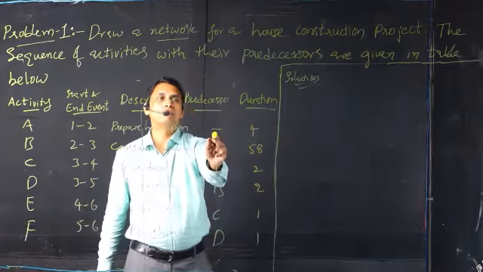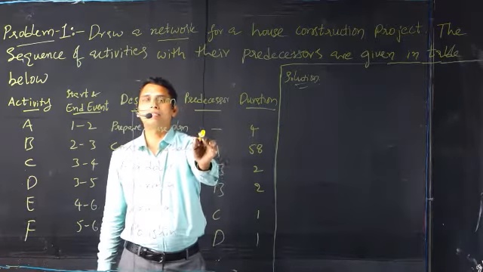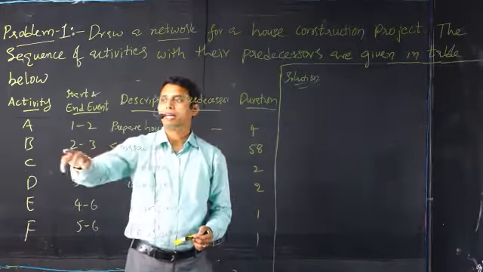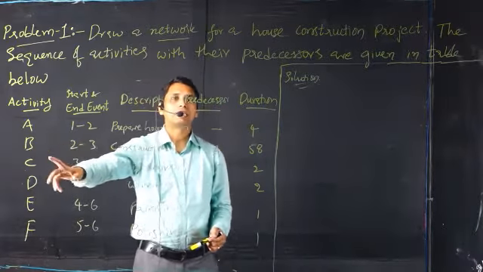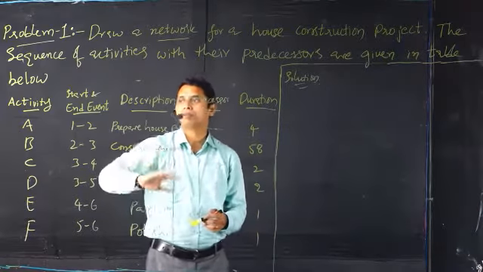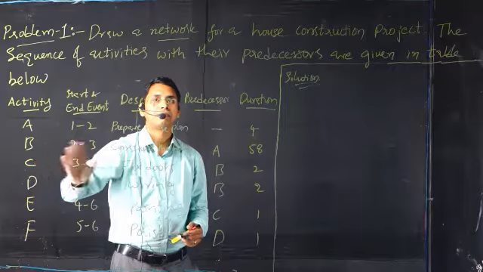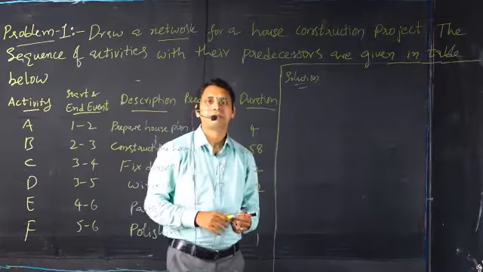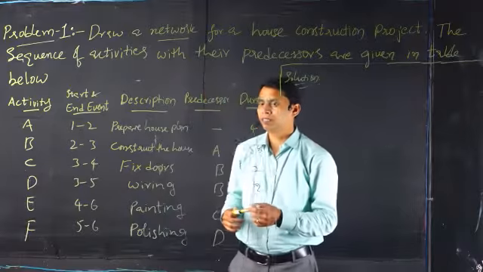There is no predecessor for A, which means A is the initiating activity. For activity B, the predecessor is A, which means before initiating activity B, we need to complete activity A.